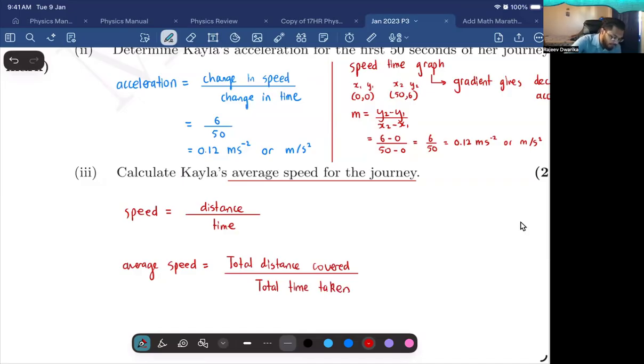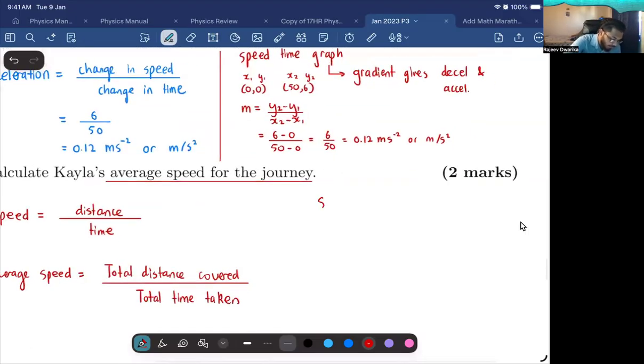Now, guys, if you have a speed time graph, how are you going to find the total distance traveled? By working out the area for each shape. Right. So if you have a speed time graph, distance traveled is given by the area under the graph.